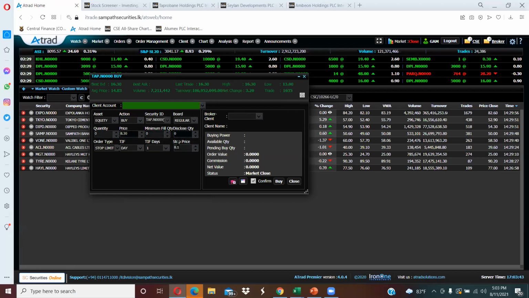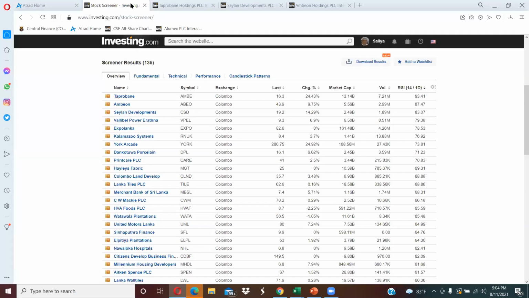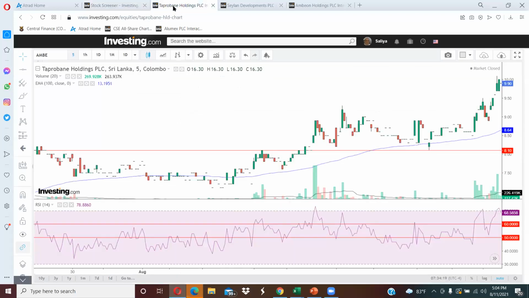The reason we give this range is because once we enter this order, the order commands the system to open or queue up the order at 810. At the time that we are entering this order, the price may be below 8 rupees and 10 cents, let's say at 750. Let's take the chart itself.